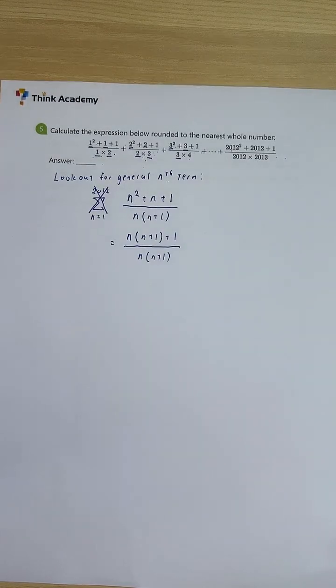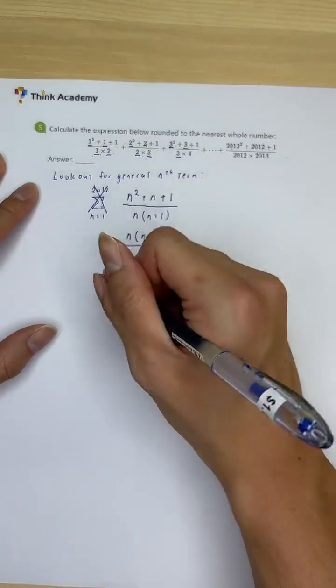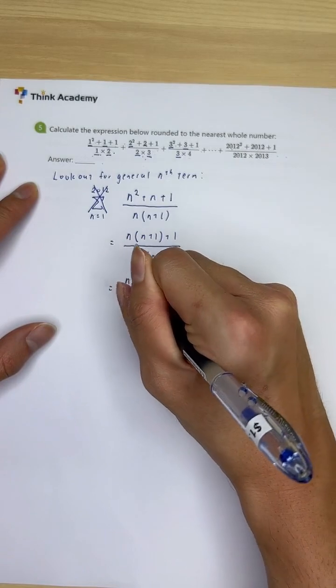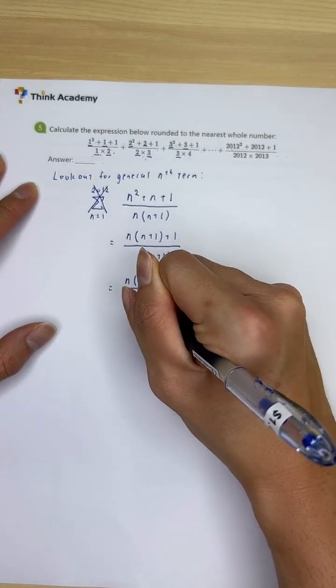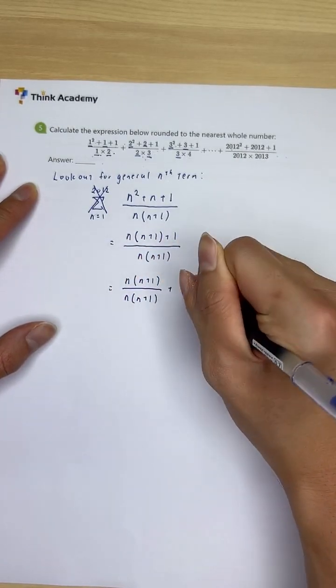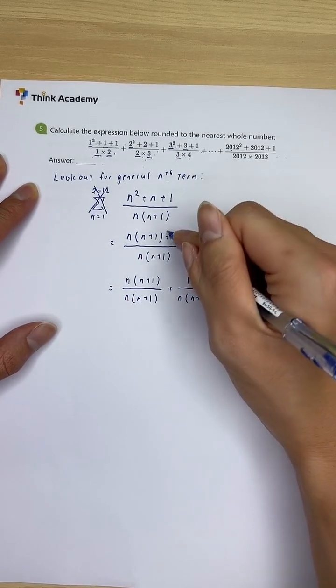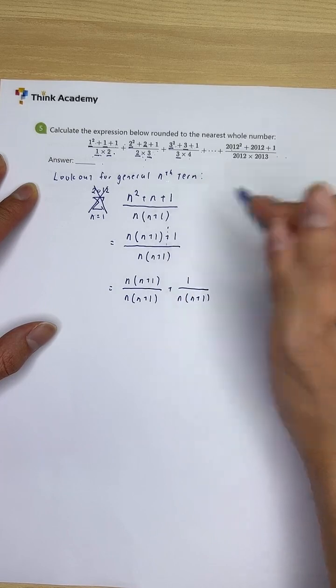What's next? I can consider splitting up the fraction into 2 pieces. I split them out in this fashion, so I can split out on this portion over here.